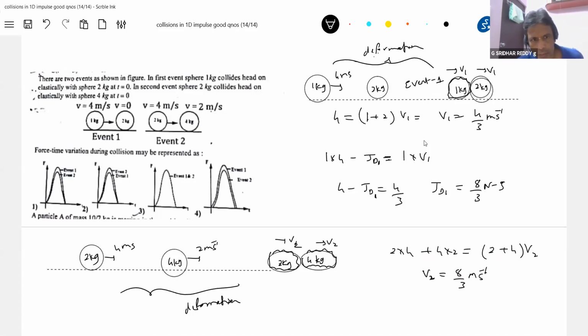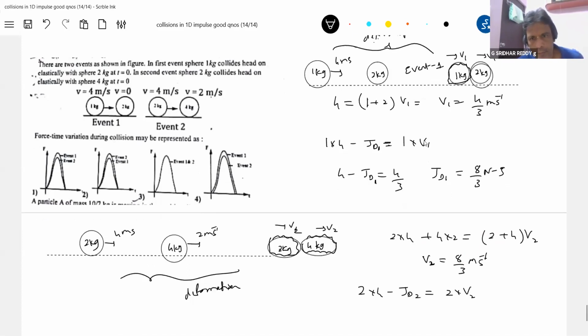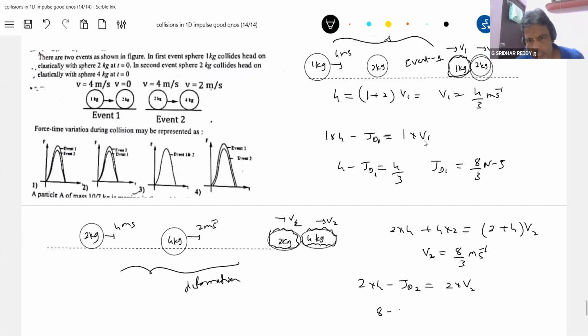Let me apply impulse of deformation: 2 into 4 minus JD2 equal to 2 into V2. 8 minus, this will be 2 into 8 by 3. Any value? 8 by 3 only.